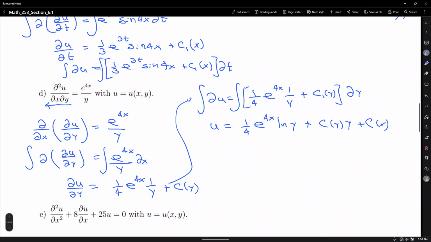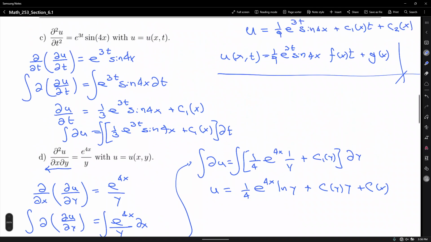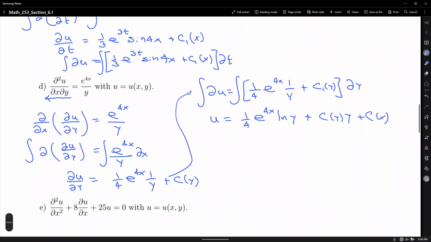In this case, notice I didn't use the subscript c1 and c2. That's because these are functions of different variables. Otherwise, if both constants were functions of the same variable, like the previous example, we would have had to use a c1 and a c2, which later becomes some f and g. All right. We're done with the solution u of x, y.